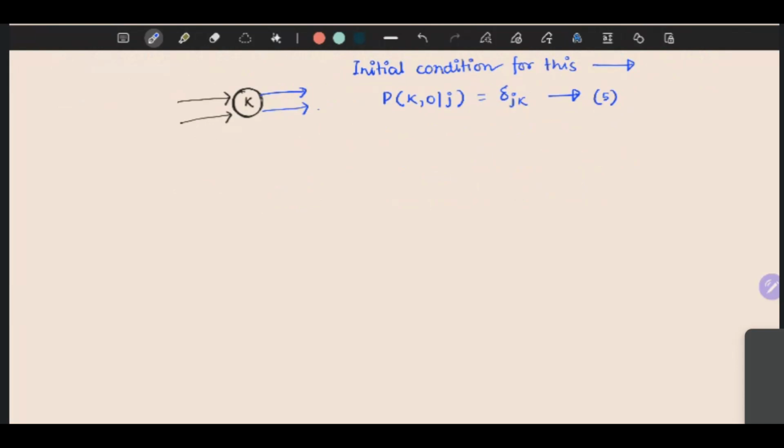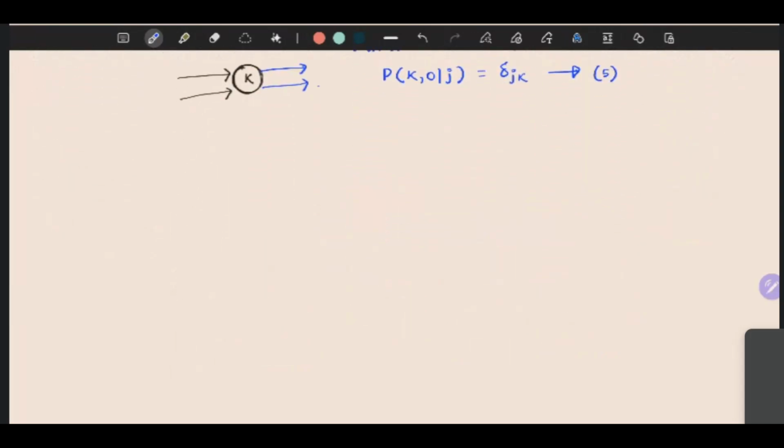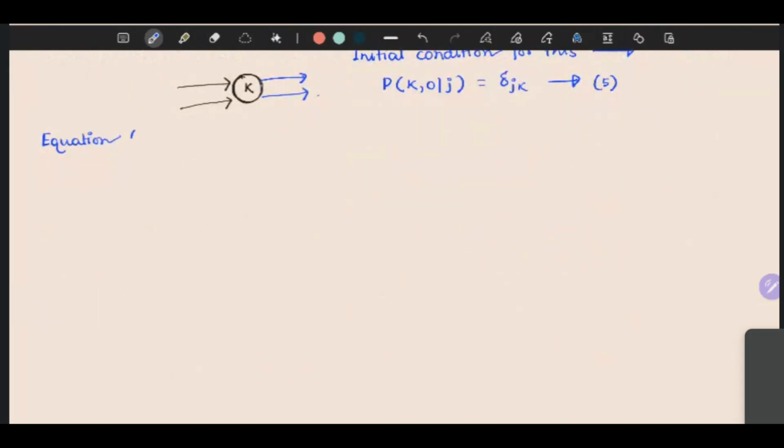Now this equation, equation 4, is called the master equation for a discrete Markov process.